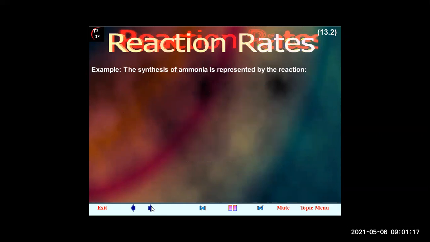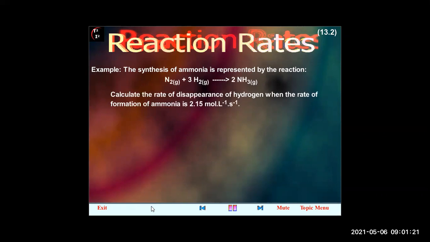The synthesis of ammonia is represented by the reaction. Calculate the rate of disappearance of hydrogen when the rate of formation of ammonia is 2.15 moles per liter per second.